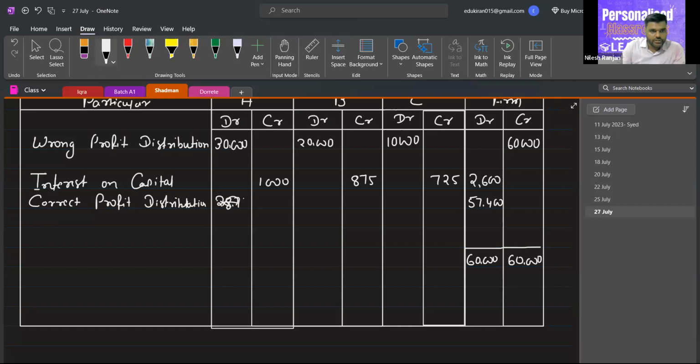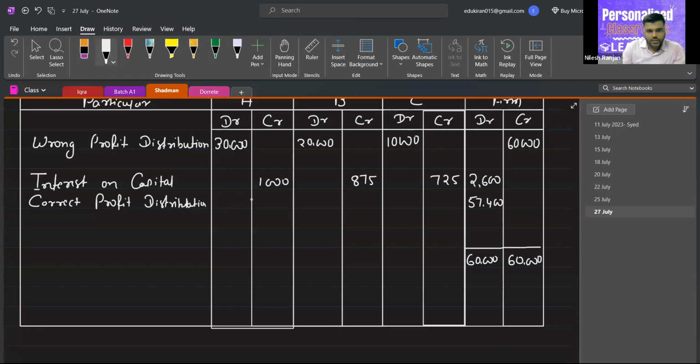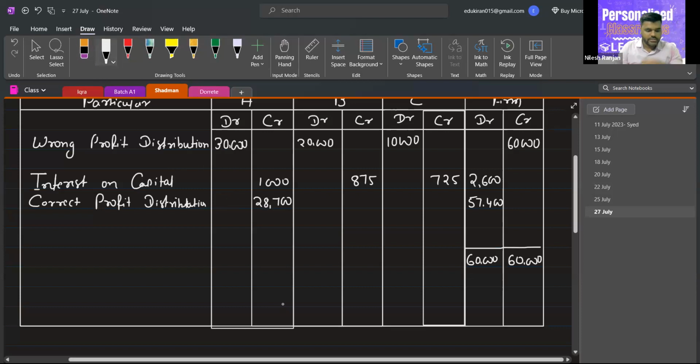Sorry, not on the debit side. 28,700. This is 19,133. And for C, it is 9,567.